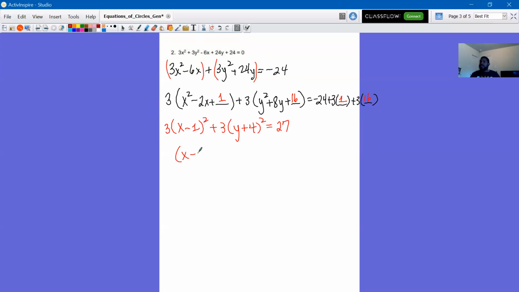So it'll be (x minus 1) squared plus (y plus 4) squared equals 9. So we got our standard form of a circle. So we have a circle with center (1, -4) and radius 3.